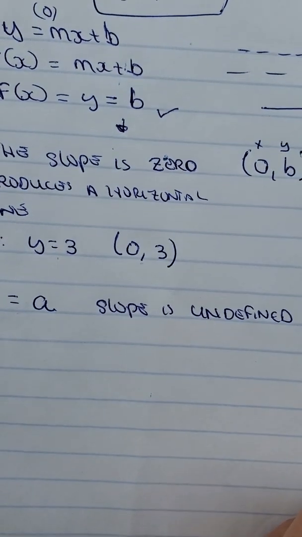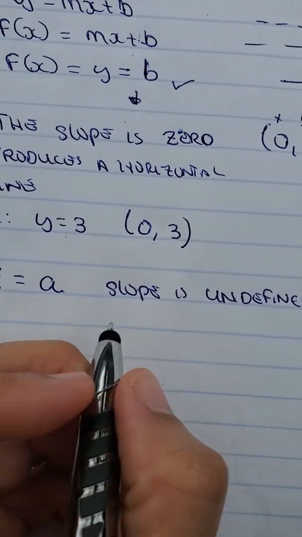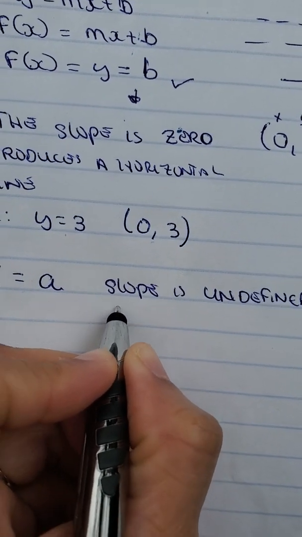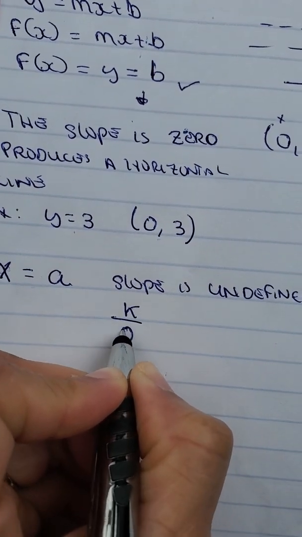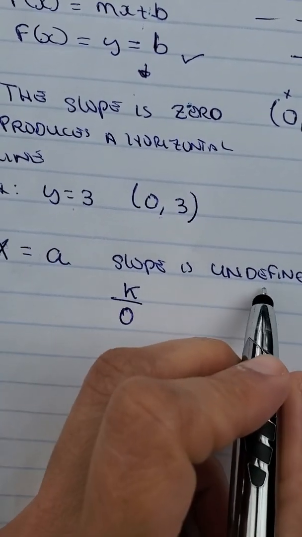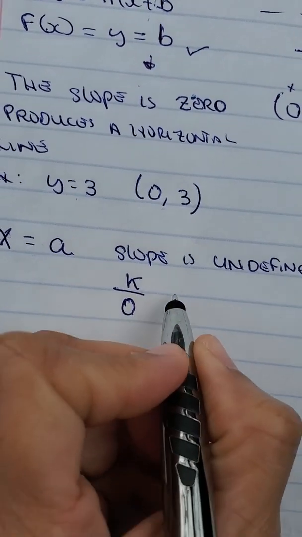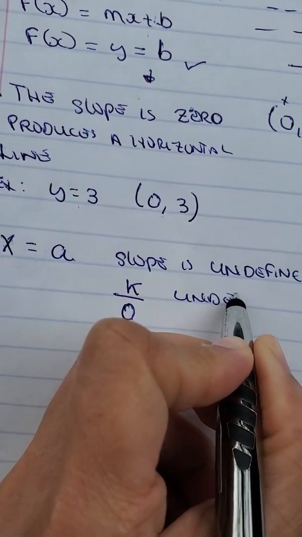That means when I try to find a slope using 2 points, I end up with some type of constant k over 0, where 0 was the divisor. Whenever you're trying to find a slope of 2 points and you have a constant as a dividend and your divisor as 0, it's considered undefined.